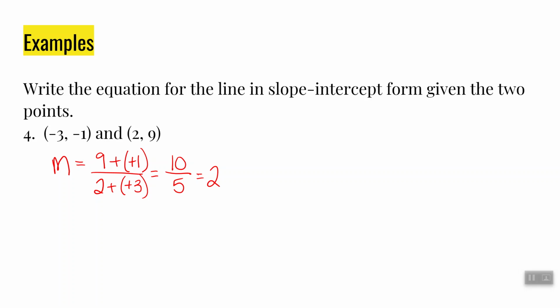Always reduce these right here. Don't go into the problem and try to work with 10/5. It's a fraction for one, but it's also not reduced, so you're going to be working with bigger numbers. It just makes it easier if you reduce it right here. So using that first ordered pair, plugging in my slope and the point into slope-intercept form, I get negative 1 equals, my slope is 2, the x is negative 3, plus b.